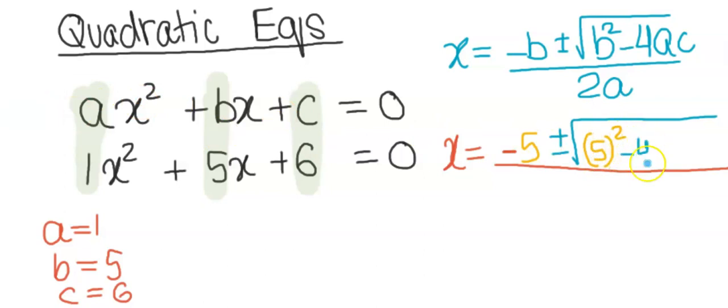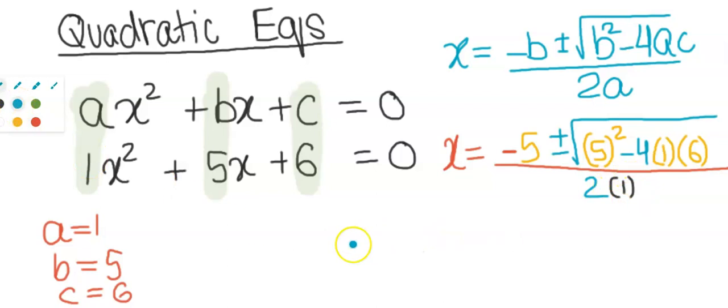Minus 4 as it is. Now I need to put a and the c. So a is 1, and the c, in brackets, is 6, and then 2 times a, so 2 is already there, and a is 1. Now let's simplify.